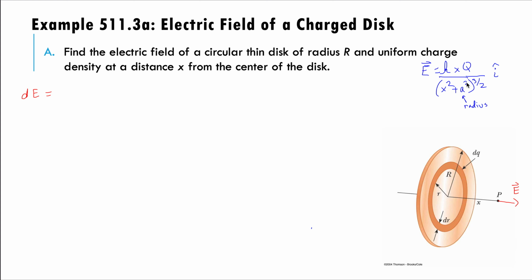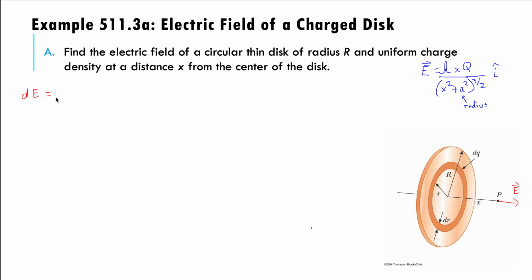The only change I've made is I've called the radius A here instead of R. I just didn't want to get the R's confused because our disk here has a radius R. But now our ring actually has a radius with a lowercase r. And we know that we're going to have to integrate from 0 to capital R to get the contribution of all of these rings of different radii.